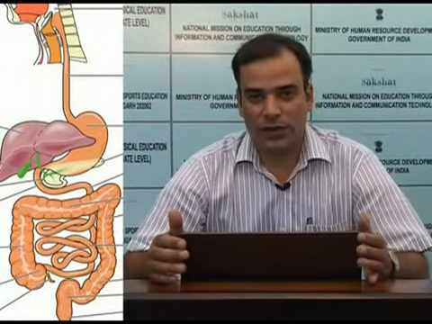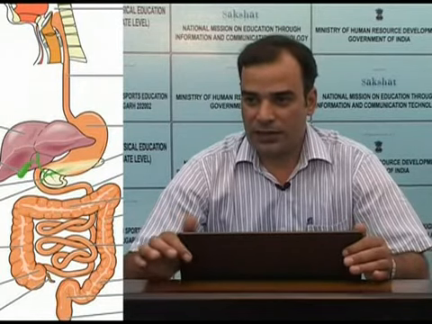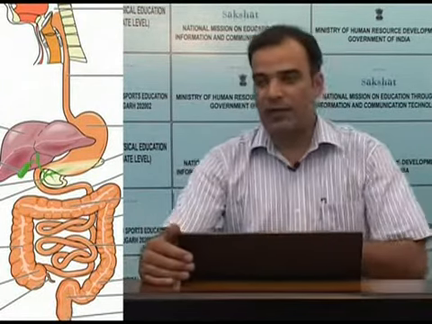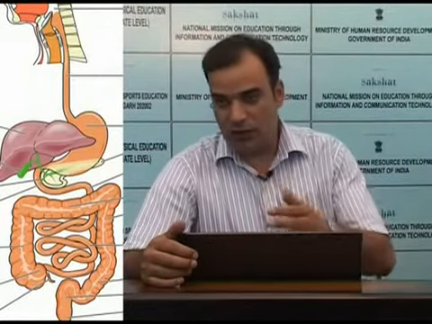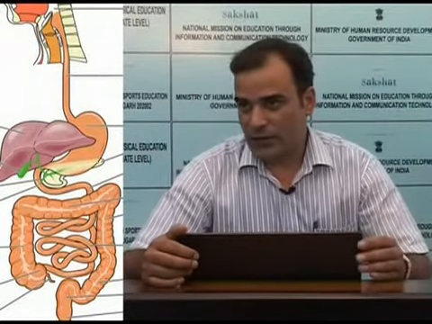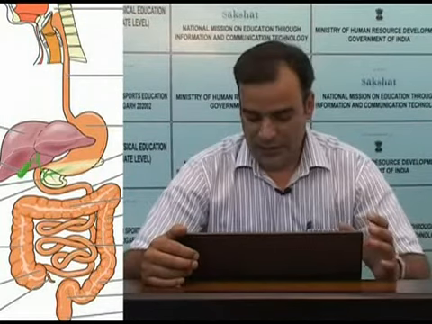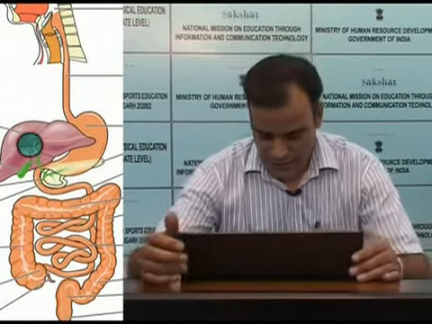Following the descending colon is the sigmoid, then a very straight portion of the large intestine called the rectum, and then the anus. So these are the primary organs of the digestive system. You can also see here the accessory organs of the digestive system, especially the accessory glands, which are the salivary glands, the pancreas and the liver.